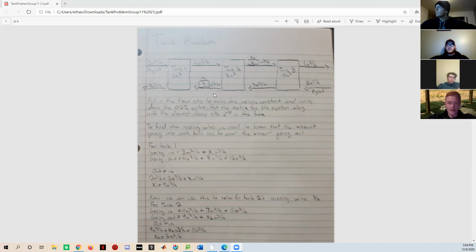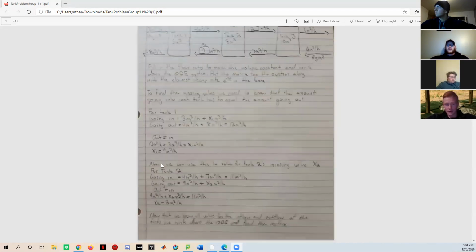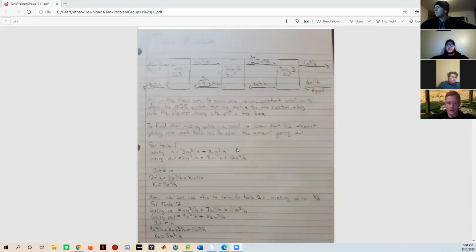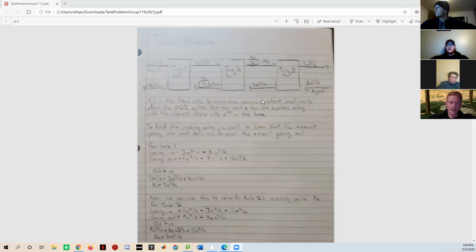So we add the two outflows together. We can write a little equation: the total outflow, which is 11 meters cubed per hour, has to equal the inflow. We have one flow going in of 3, and when we solve that, we get another inflow coming from tank 2 of 9 meters cubed per hour.